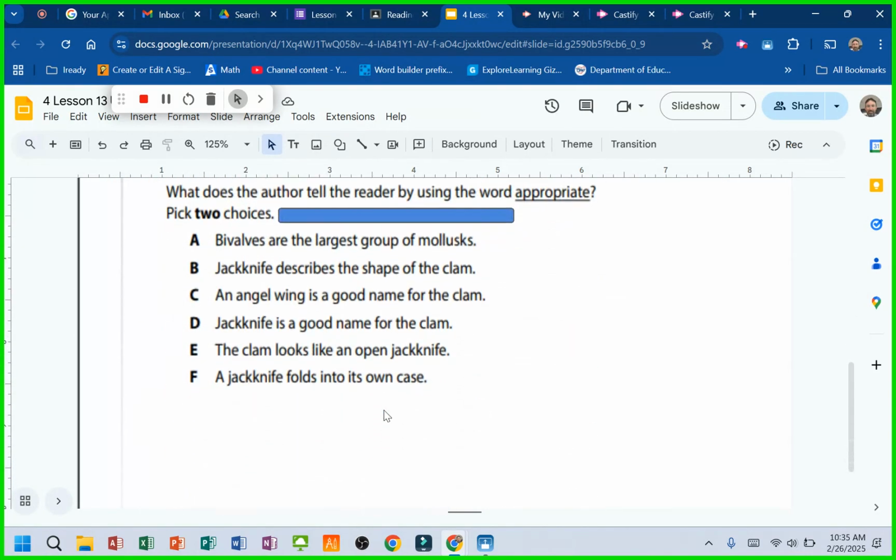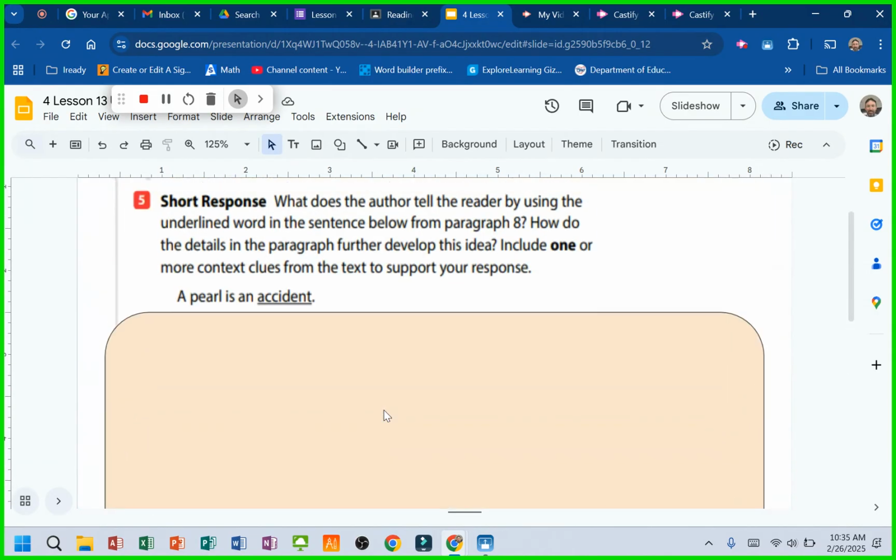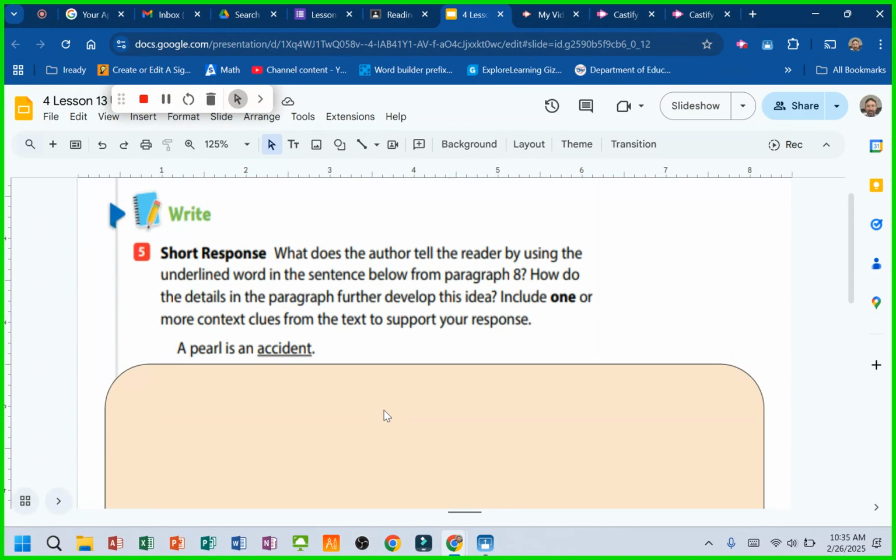All right, let's look at the writing real quick. What does the author tell the reader by using the underlined word in the sentence below from paragraph 8? A pearl is an accident. How do the details in the paragraph further develop this idea? So they're saying it's an accident, right?